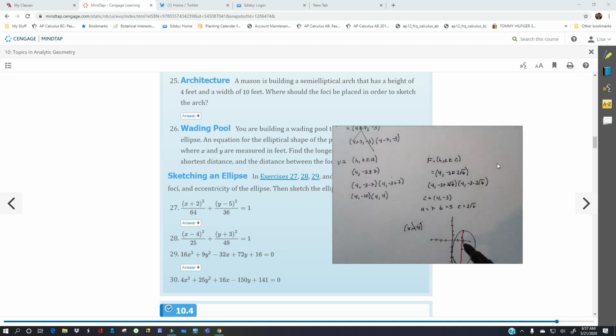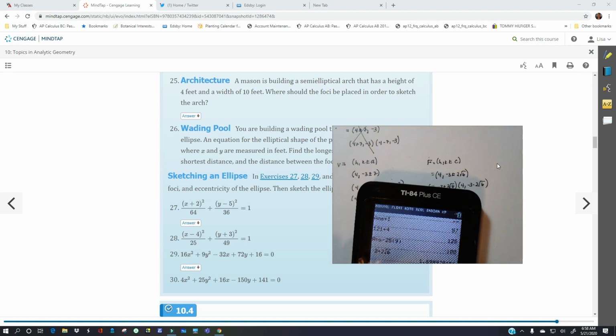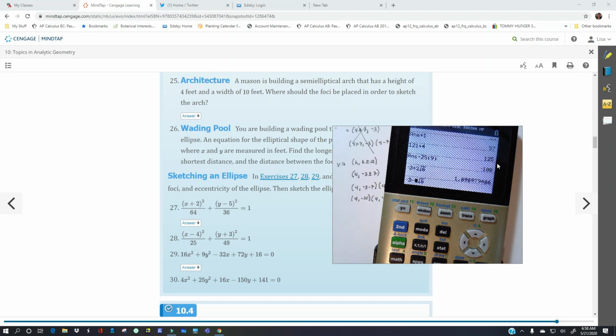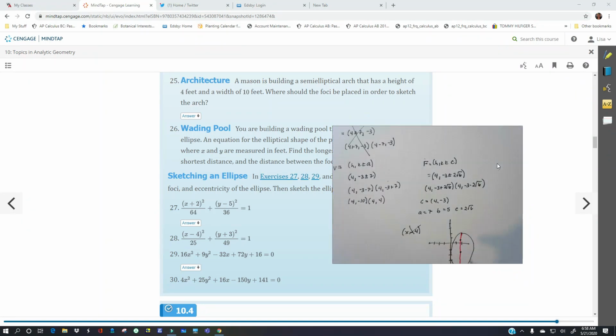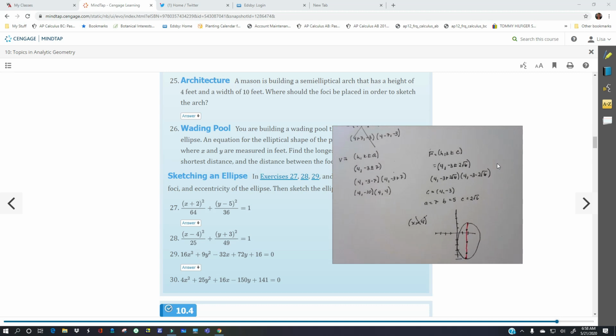And now from here to here, it's going to be much different, right? It's going to be negative 3 minus 2 root 6. So if I copy paste that in there and change the sign, then I'm going to get almost negative 8. So I come over to 4 and I go down almost negative 8, and my other focus is right there. Okay?